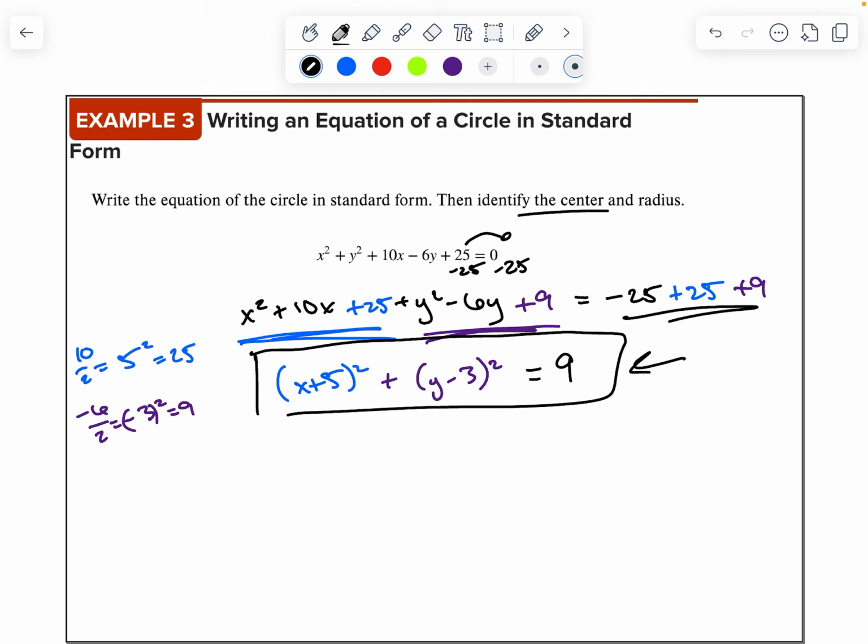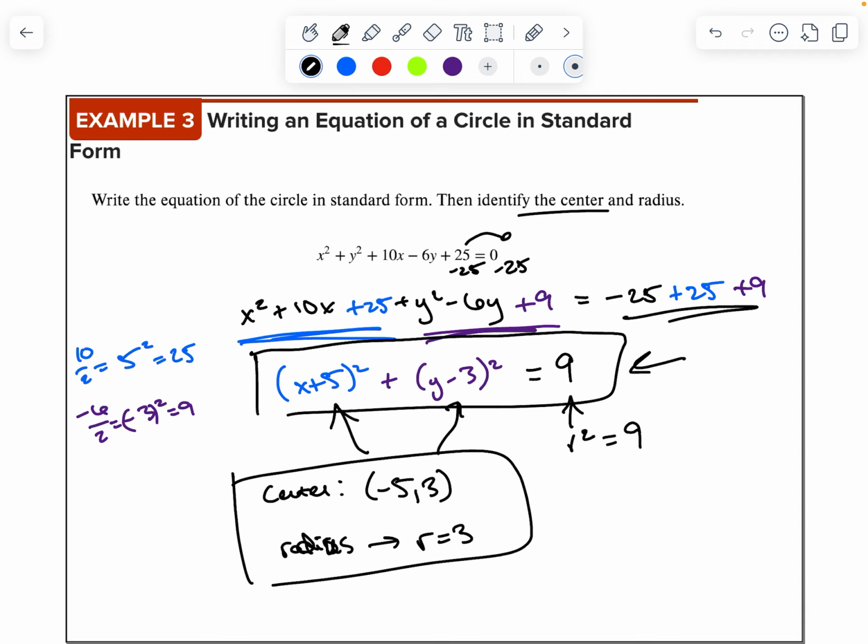And we need to identify the center. Center is coming from these. That's h, that's k. Radius, remember this is r squared. So if r squared equals 9, if you take the square root on both sides, the radius would be just 3.